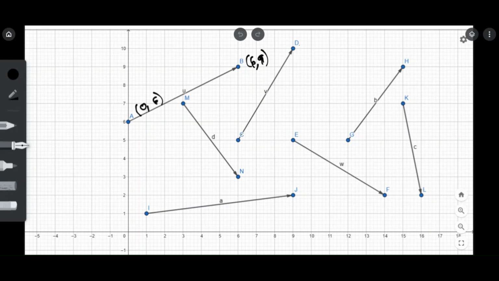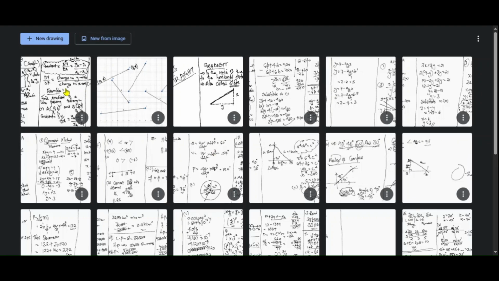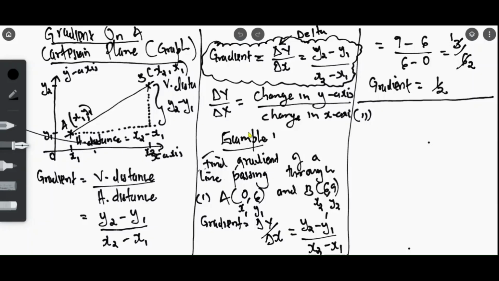C reads 6, 5, and the other one reads 9, 10.